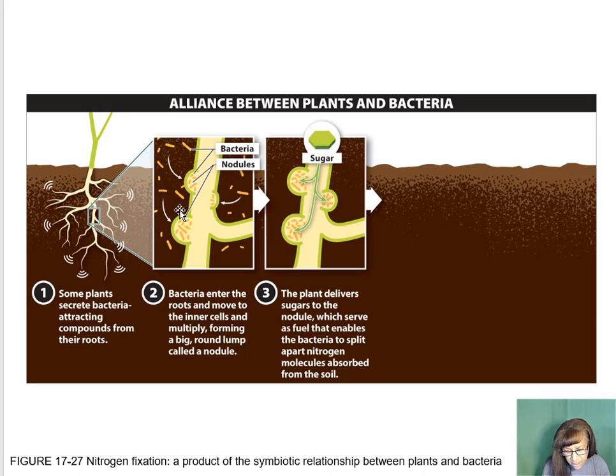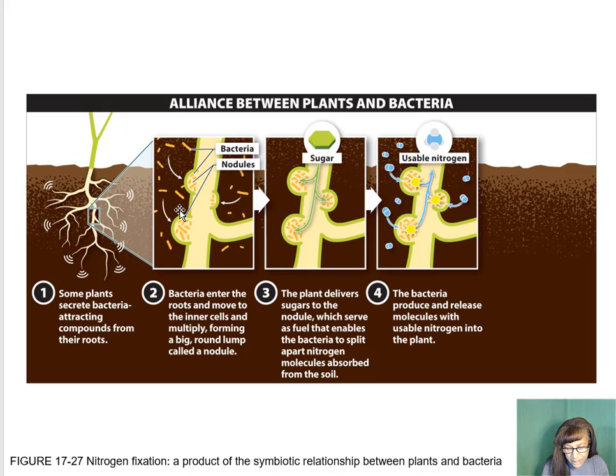Now, the plant then delivers sugars to the nodule, which serves as a fuel to enable the bacteria to split apart the nitrogen molecule absorbed from the soil. So the plants are actually feeding the bacteria so that they can help them break down the nitrogen that the plant needs.